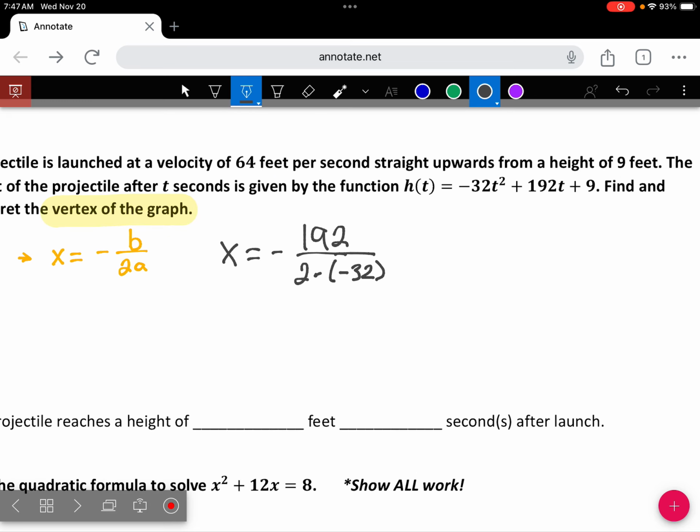So we're going to simplify this. I've got 192 over 2 times negative 32. So that's the opposite of, my handwriting has turned to trash as soon as I picked it up and leaned back, the opposite of 192 over 2 times negative 32, which is negative 192 over negative 64. So what is negative 192 divided by negative 64?